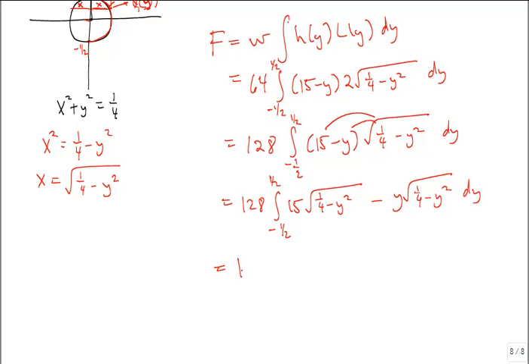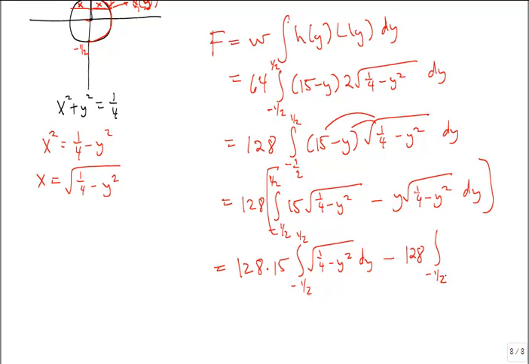So breaking this up into two separate integrals, the 128 is being multiplied by both. So this first one will be 128 and a 15. I'm going to pull that 15 out with just this square root inside. The second integral only has the 128, not the 15, and inside is the y and the square root of 1/4 minus y squared dy.